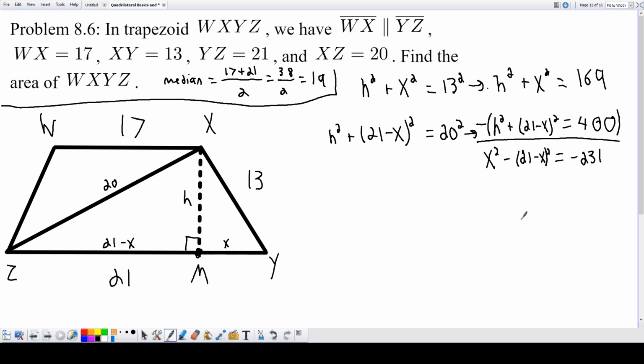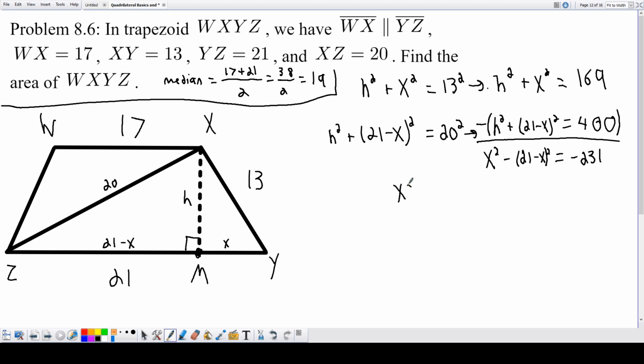Now we can start to simplify from here. Hopefully we notice that the thing on the left is a difference of squares, which means that I can, well, do I even want to factor that? Nah, not really. Yeah, let's not factor that. Let's just write it out.